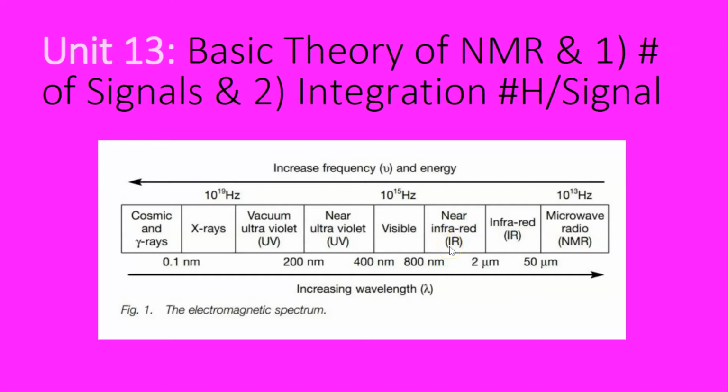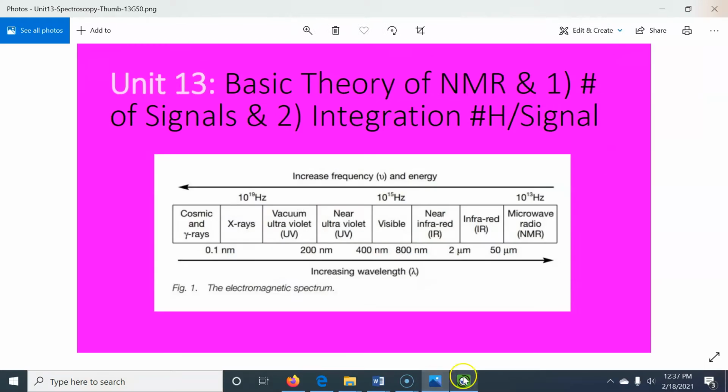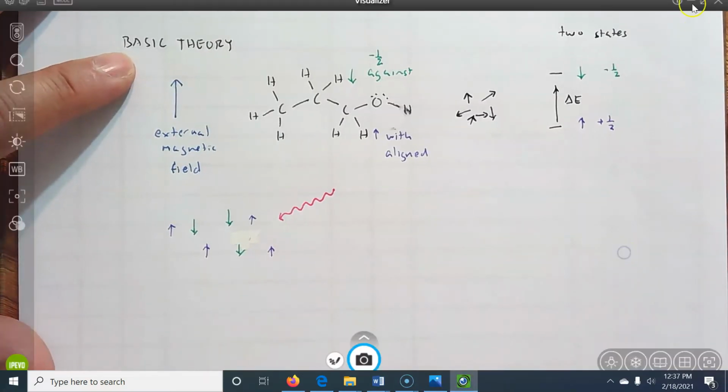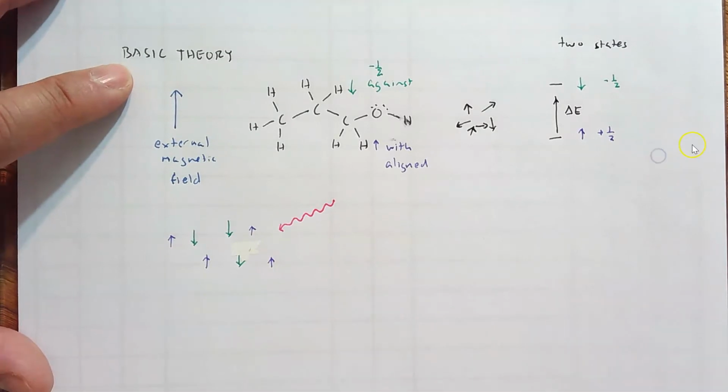To correspond with the vibrations. NMR is actually radio waves that correspond to the flipping of these proton spins. I haven't talked about the flipping yet. Let me show you what happens here with a flipping of a proton spin.